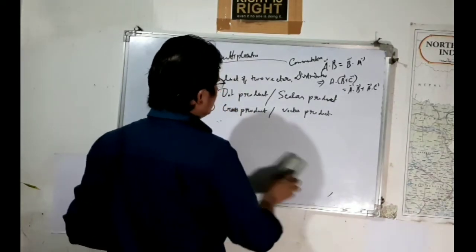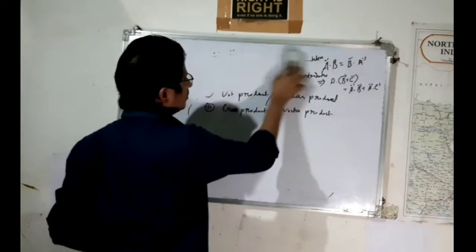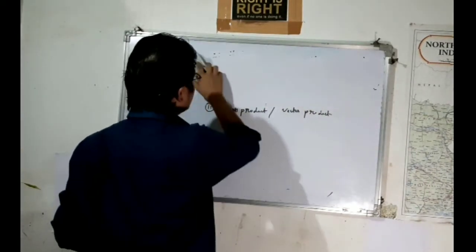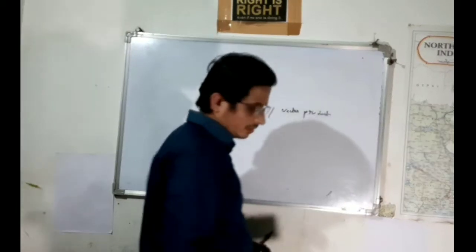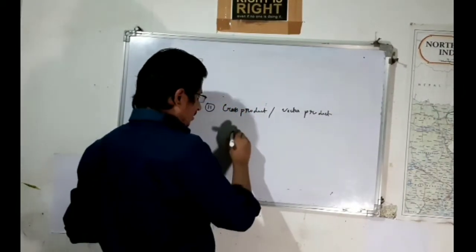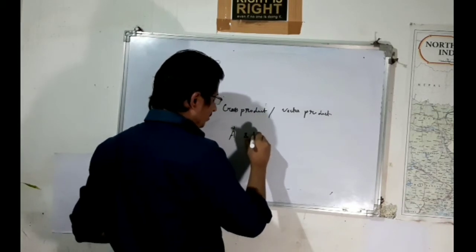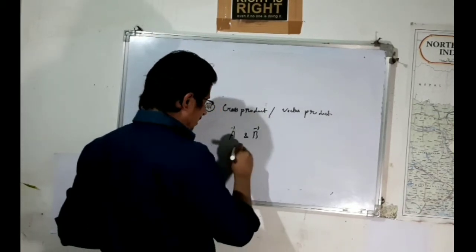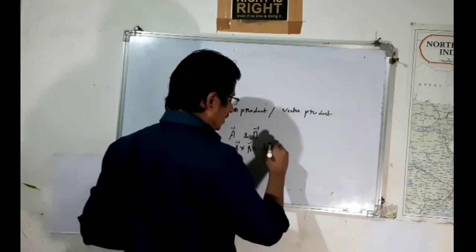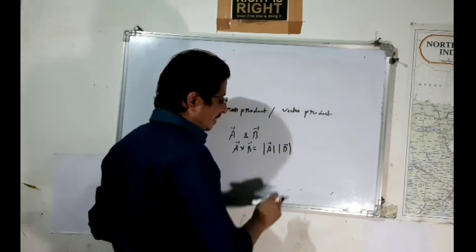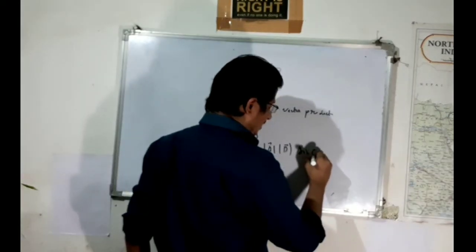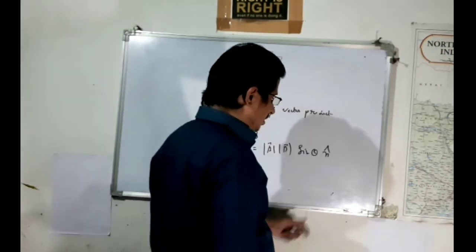Now we will study the cross product. In the case of the cross product, again we consider two vectors A and B. Their cross product is A cross B equal to modulus of A, modulus of B, sine of theta, and with some unit vector.